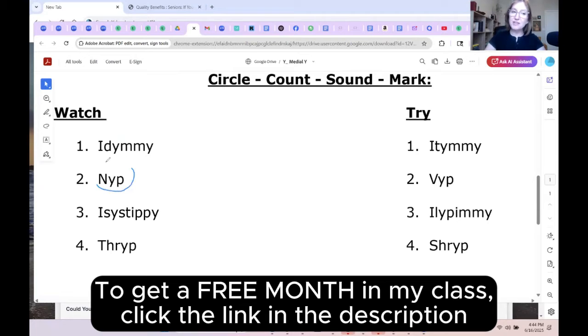Now, the average person who didn't come to reading class today, they might think that that is not allowed to be a word because there's no vowels in it, right? They're like, somebody messed up on both of these number 2s. April has no idea what she's talking about because those words don't have a vowel in it, so they don't count as words. But you know that Y is a vowel if it's not the first letter, so yeah, they do. They might look mysterious, they might look intimidating, but let's just break it down.